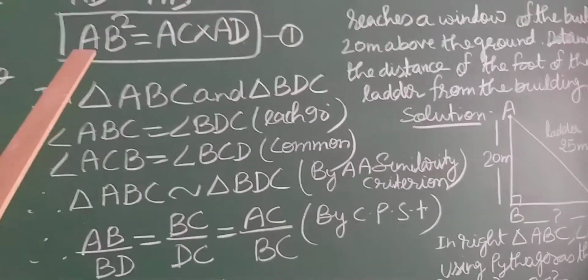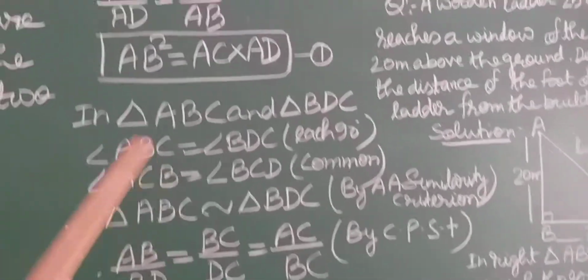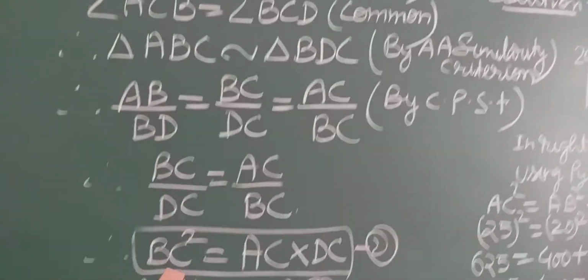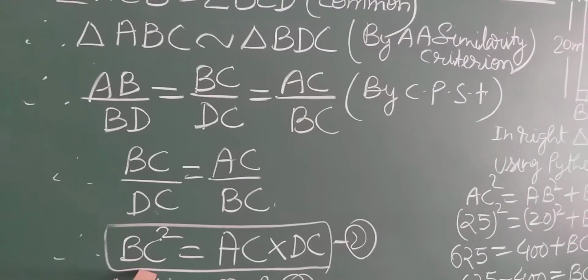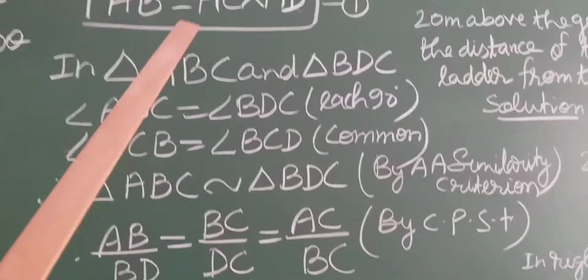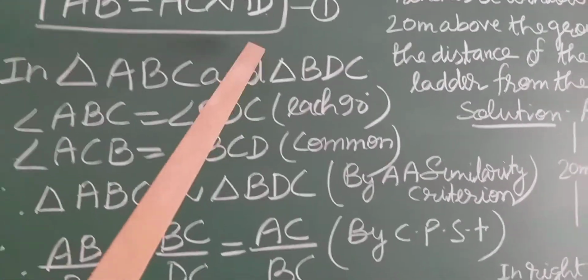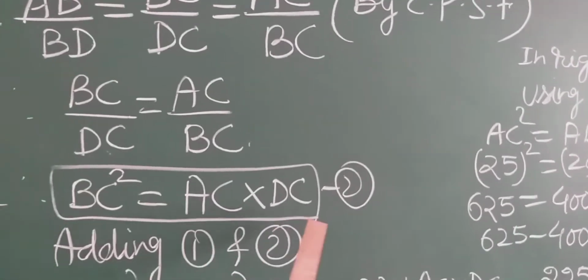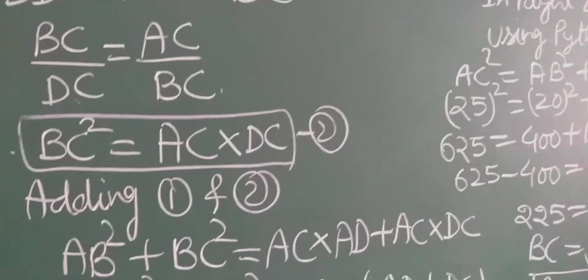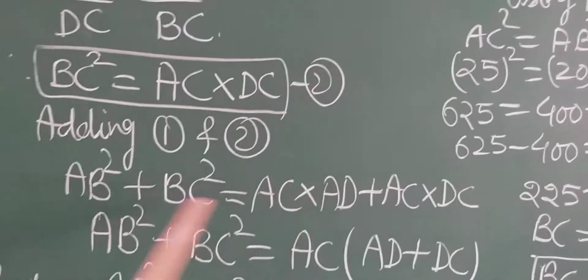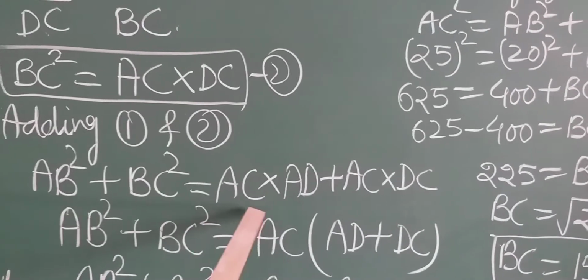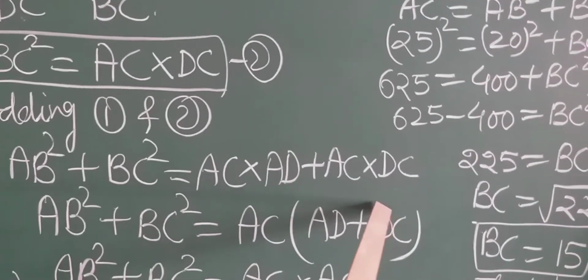So adding 1 and 2, AB square plus BC square equals AC into AD plus AC into DC.